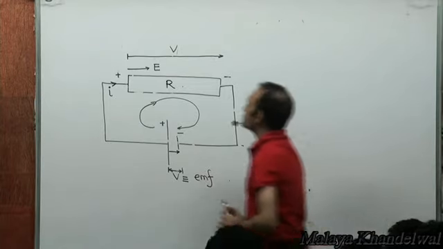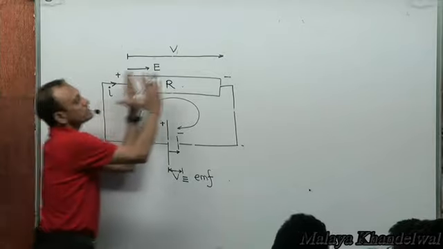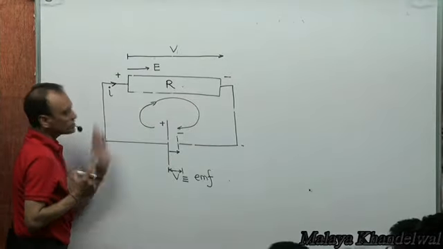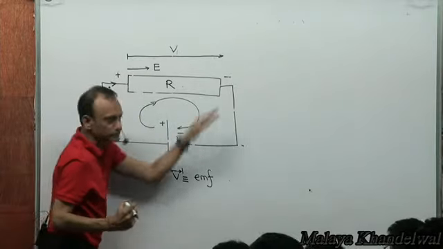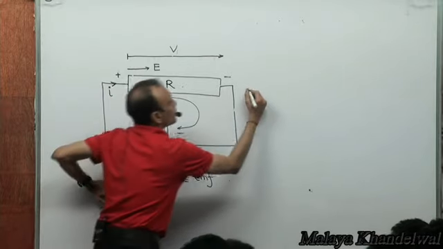Then, if I traverse the entire loop, this is a full loop. Then, from here to here, there is a potential.